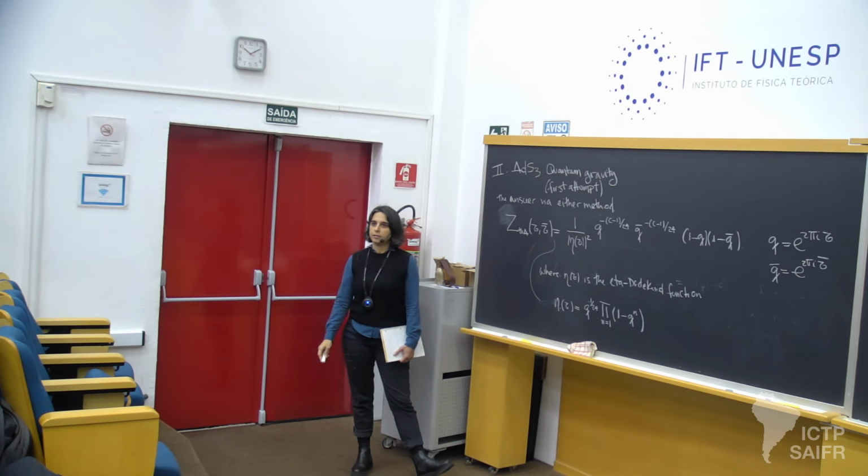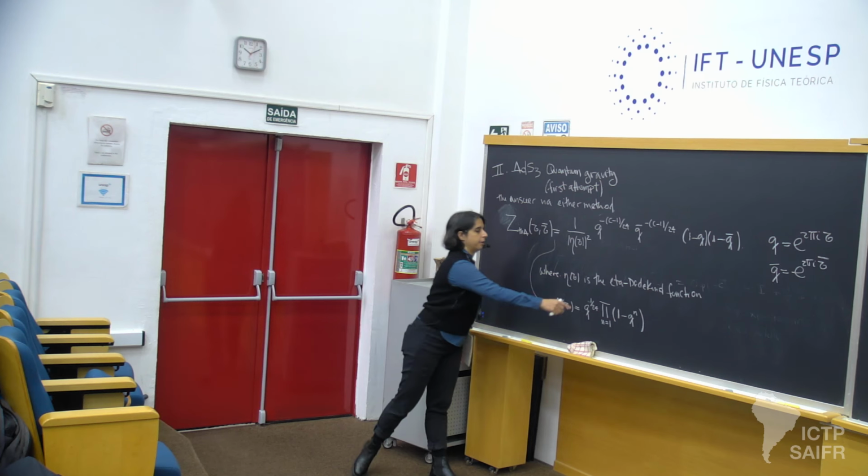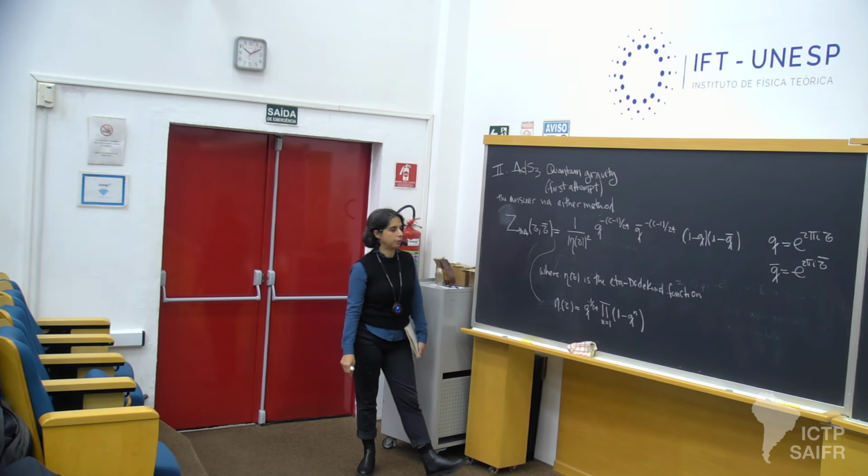That's the Dedekind eta function. I hope I got it correct. It looks correct, morally. So it's a product. One way to write it is that it's a product of 1 minus q to the n with this funny factor of q to the 1 over 24.